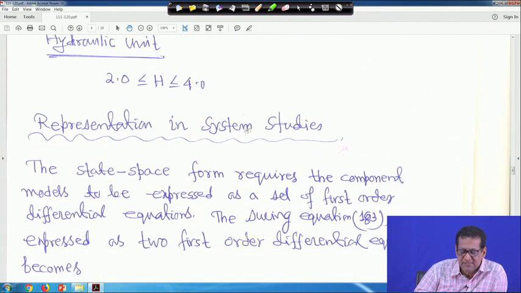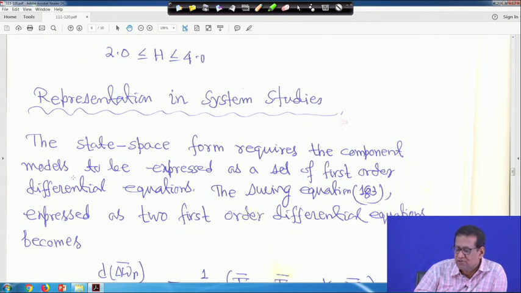Now, representation in system studies. The state space form requires the component models to be expressed as a set of first order differential equations, because slowly we have to go for the development of the first order block diagram representation of the synchronous machine.